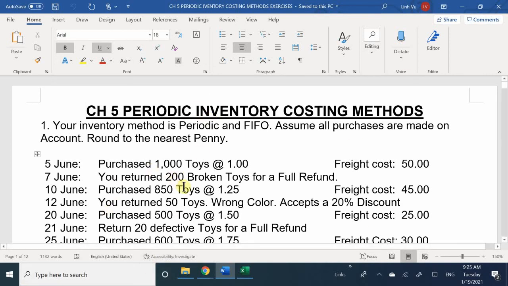I guess debit accounts payable for the discount amount. You are going to be debiting accounts payable for the discounted amount.